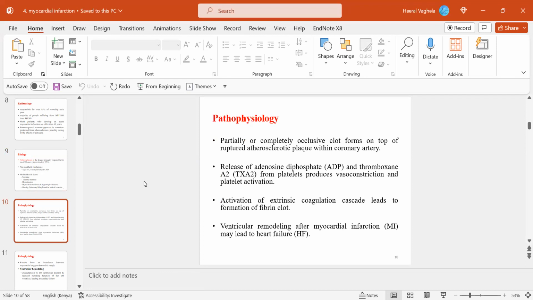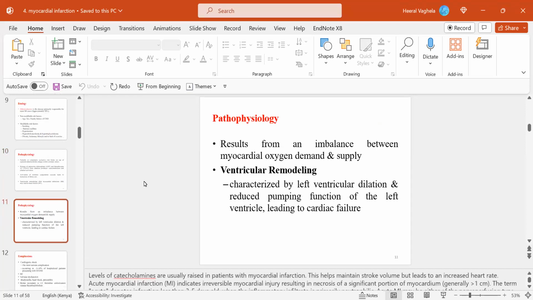The pathophysiology, again the same, is the pathogenesis of how atherosclerosis is formed. One more thing over here is that there'll be ventricular remodeling, because there'll be an imbalance between myocardial oxygen demand and supply.